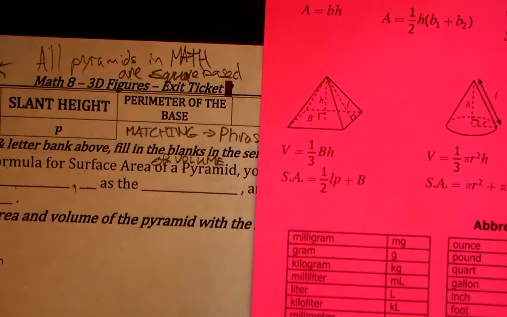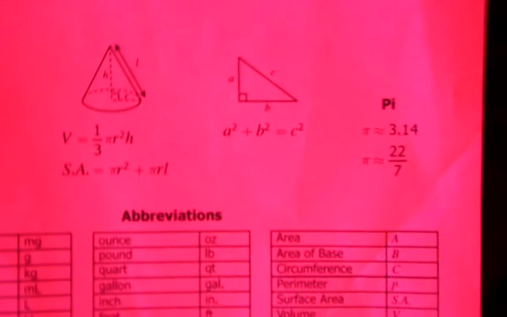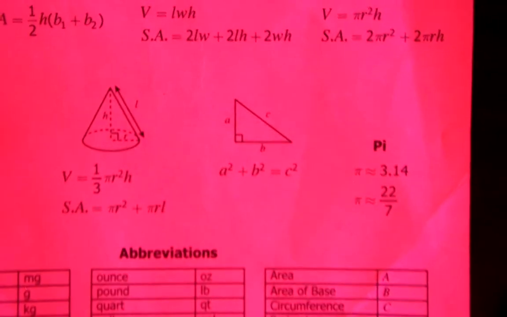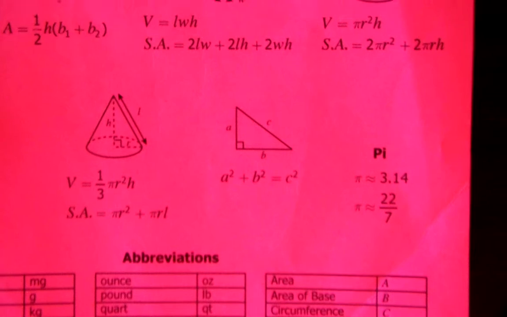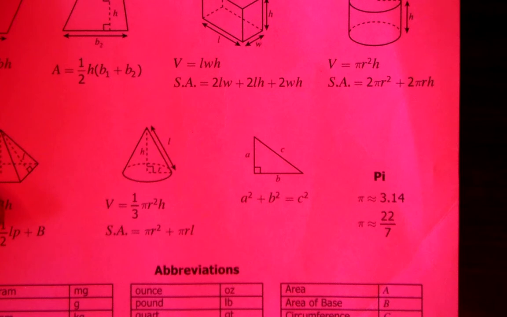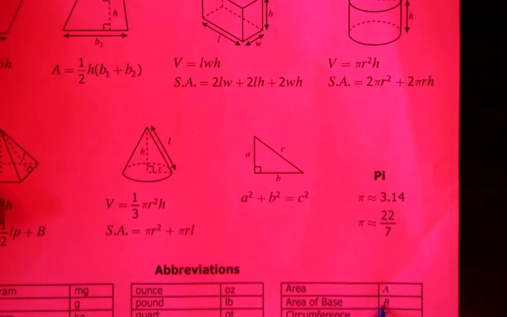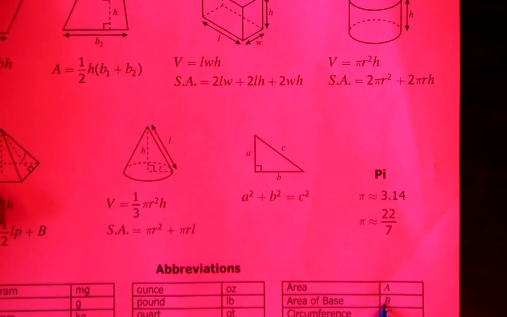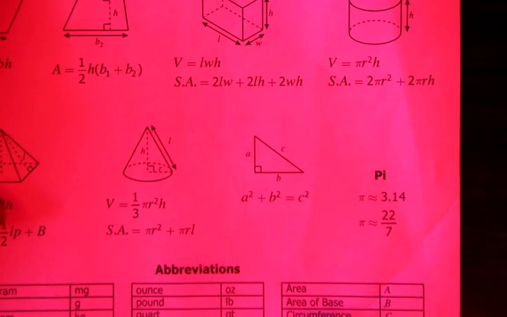Let's get these labels for ourselves. If you notice, towards the very bottom, let me see if I can line this up just so. There you go. The main reason why I have that is I call that the big B, that capital or uppercase B. That's the area of the base.